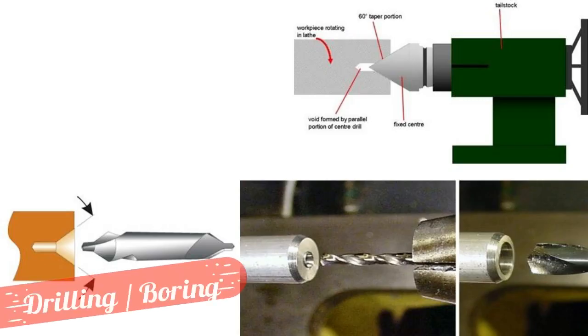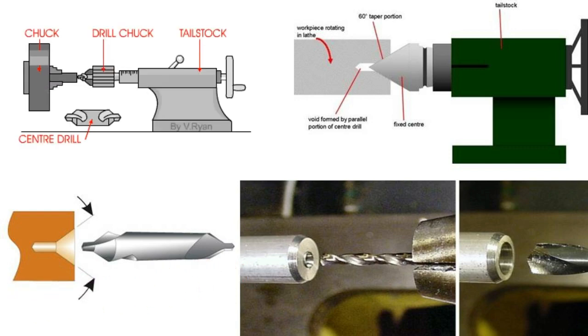Drilling is the operation of producing a cylindrical hole in the workpiece. The tailstock of a lathe can be used for drilling with the aid of a drill chuck attachment. The drill chuck has a taper shaft which can be pushed into the hole of the tailstock, locking it in position. The workpiece is held in the chuck and allowed to rotate.